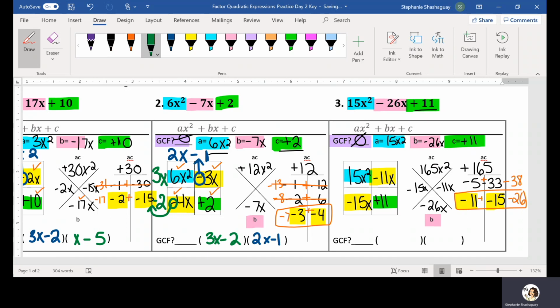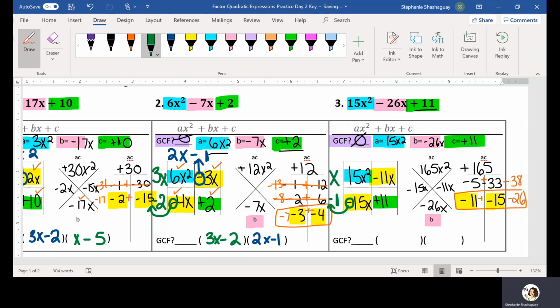So I have 15x squared and a negative 11x. The only thing I can factor out of that top row is an x. Then I have negative 15x plus 11. Because I have this negative here, I'm going to pull it out. So I'm going to have a negative number. And with 15 and 11, the only thing I can factor out is a negative 1.